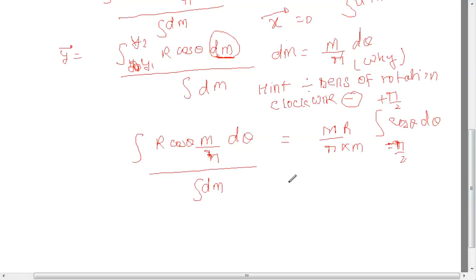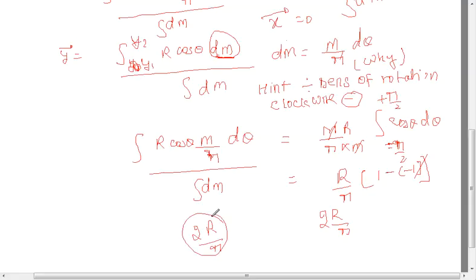So what we get here is r upon pi into sine, which will be plus 1 minus minus 1, so we get 2r by pi.